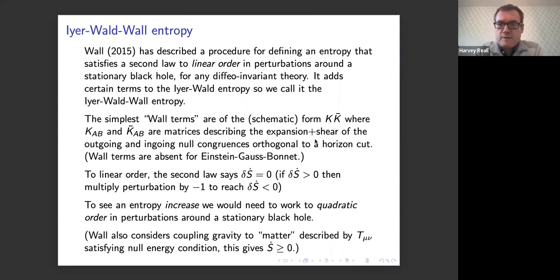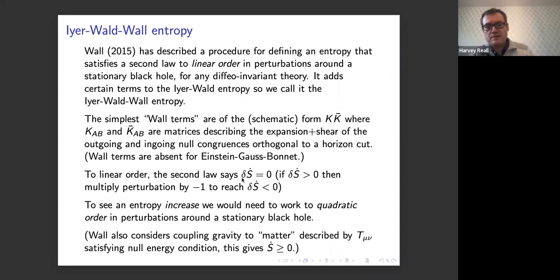Now, as I said, this Wall procedure produces an entropy which satisfies the second law to linear order. But to linear order, the second law is kind of boring. It simply says that the entropy doesn't change. So if S dot here is the rate of change of the entropy with respect to some time parameter along the horizon, then to linear order, the second law just says that delta S dot is 0.